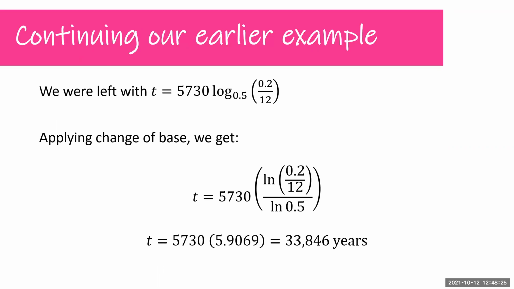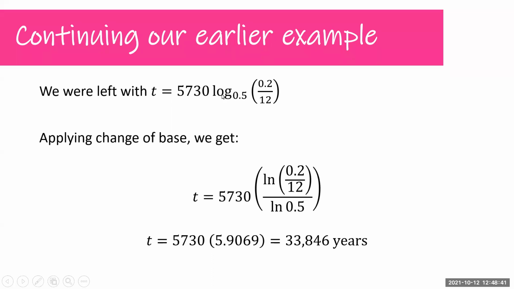So now we can continue our earlier example. We were left with t equals 5730 log base 0.5 of 0.2 over 12. Now this is still going to be a kind of ugly one, because applying the change of base, we can use the log or the natural log.